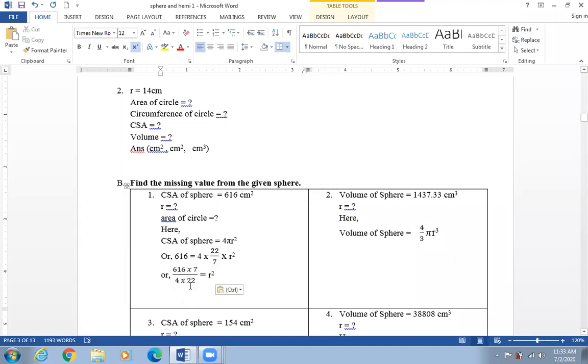Equals to r square. Now let us multiply the upper number and lower number and divide that number and get the answer. How much will we get? How much is 7 square? 7 7s are 49. So it becomes 49 r square.